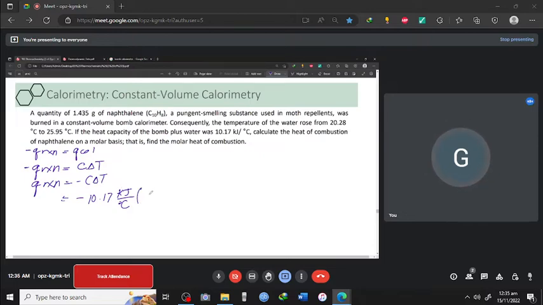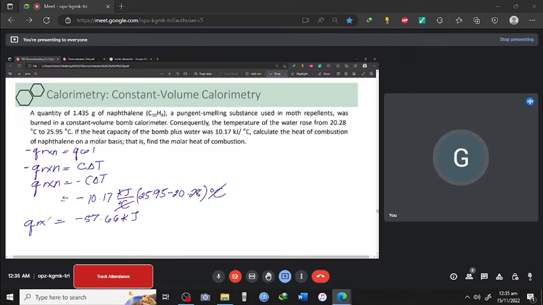So that is final, no? So that is 25.95 minus 20.28. Okay? So from here, pwede na nating i-cancel yung degree Celsius, tapos i-multiply lang natin yung heat capacity natin from the change in temperature. Yung sagot natin is negative 57.66 kilojoule.